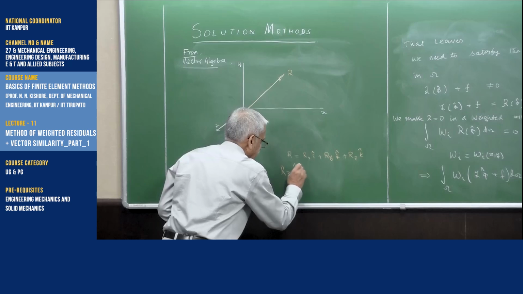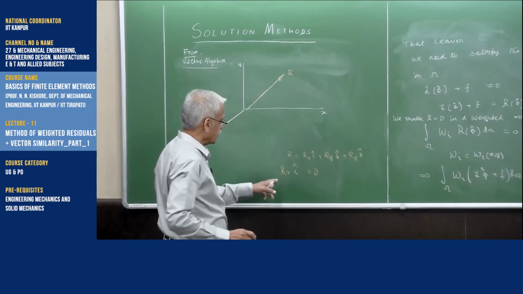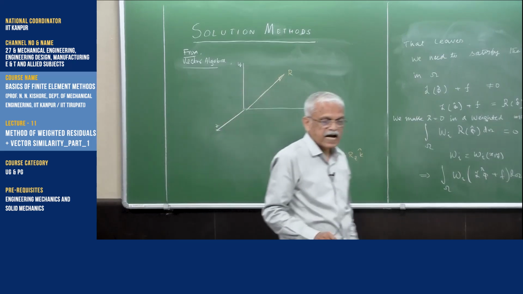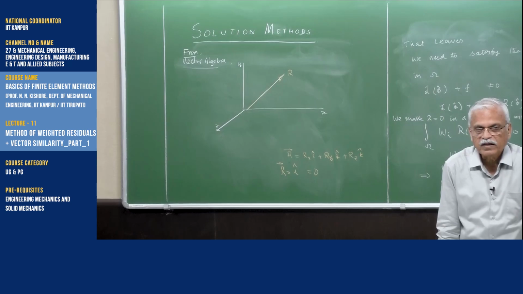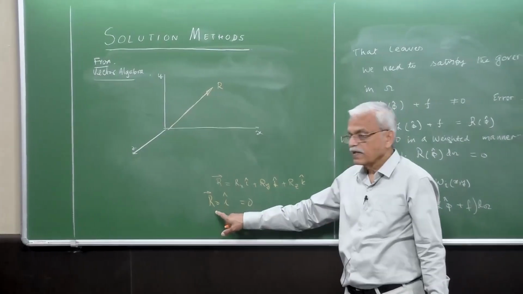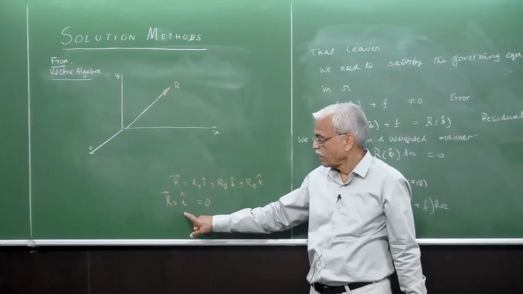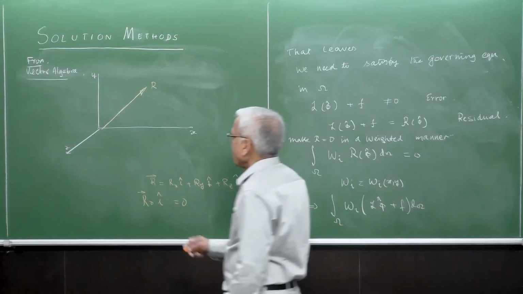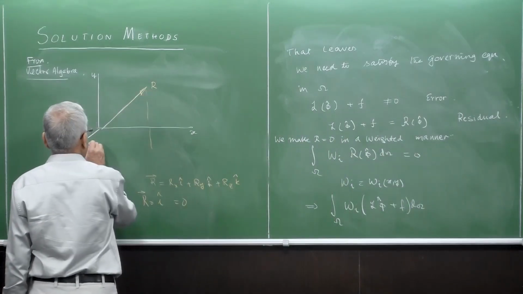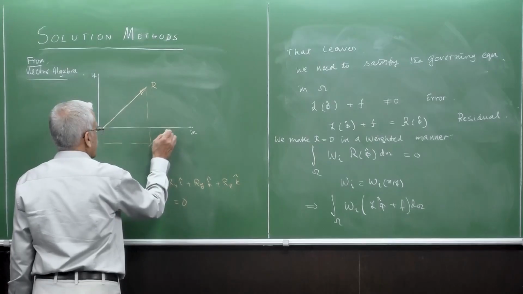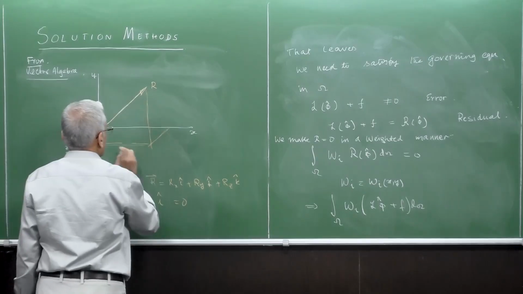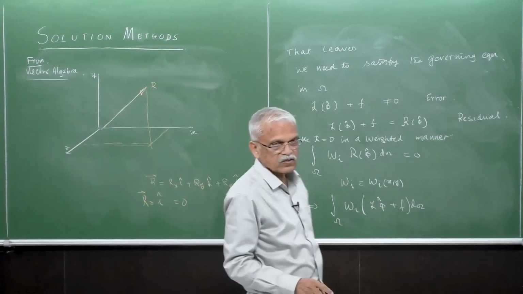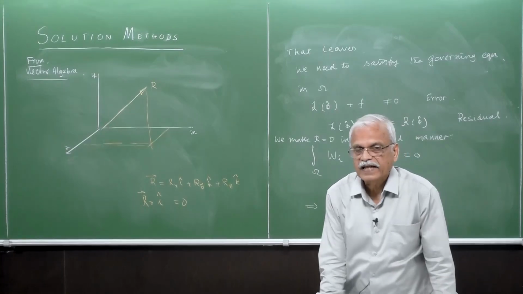And if you insist that R dotted with i has to be 0, what does this mean? This vector R, taken a dot product with i, is nothing but the component of R in the direction of the x-axis, right? So this is the component of R along the x-axis, that is R dot i, and that is going to be 0.